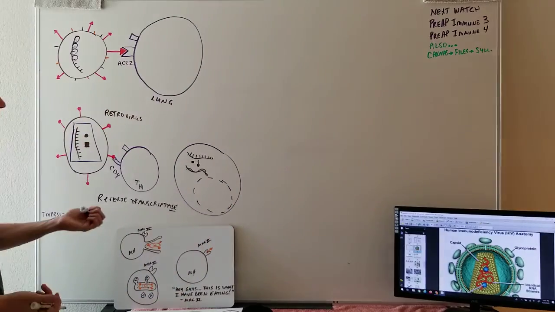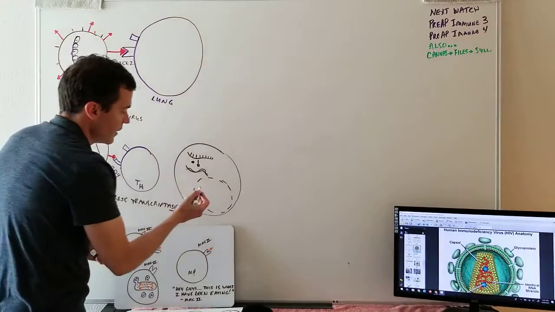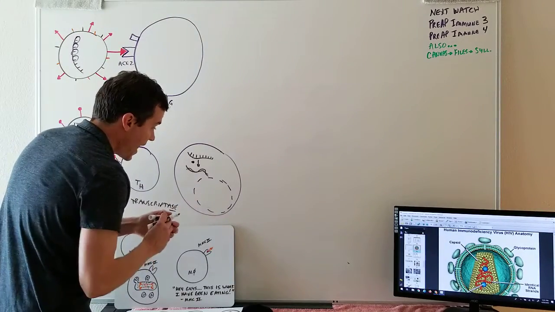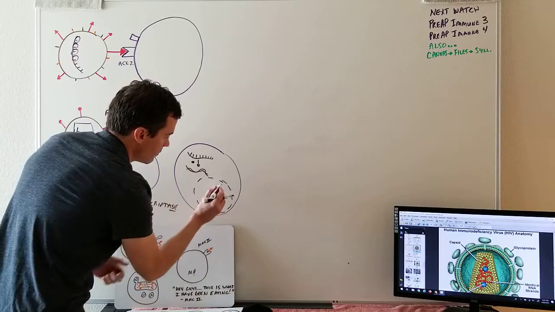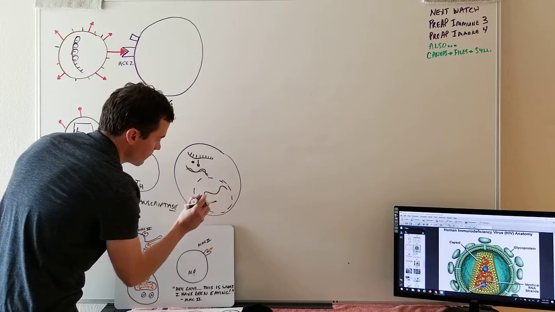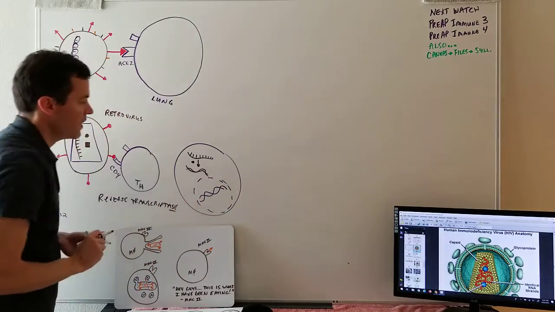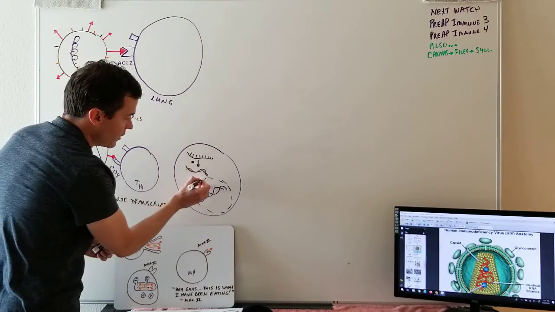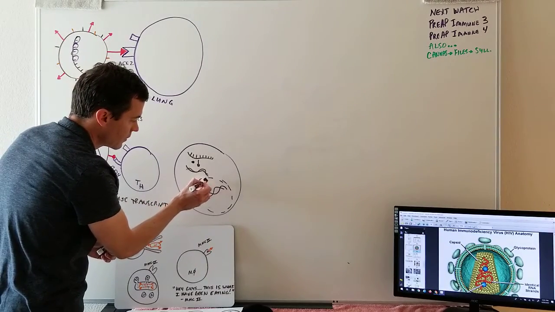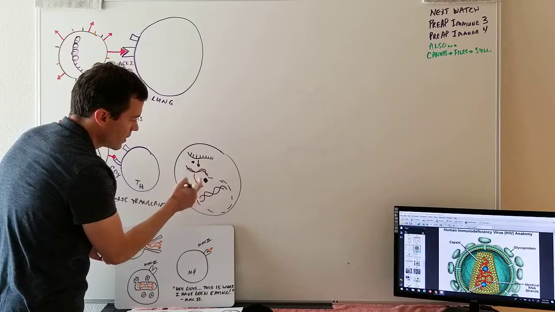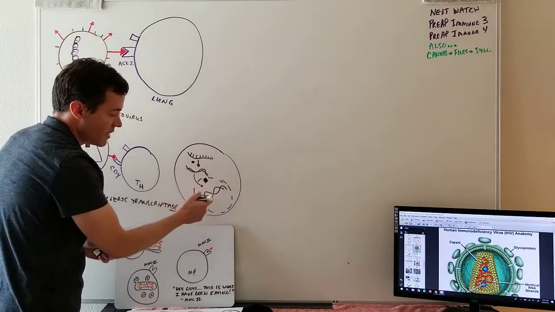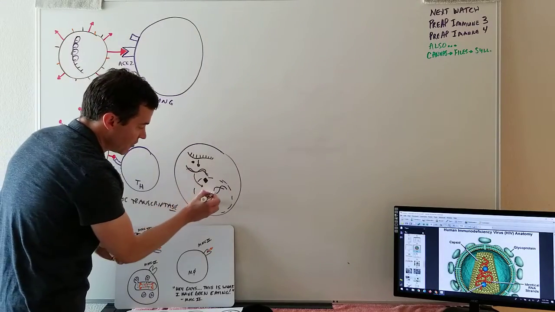So here is the nucleus, and essentially, if I've got my DNA, my helper T cell DNA, then what happens next is with the help of integrase, that DNA is integrated into my helper T cell DNA.